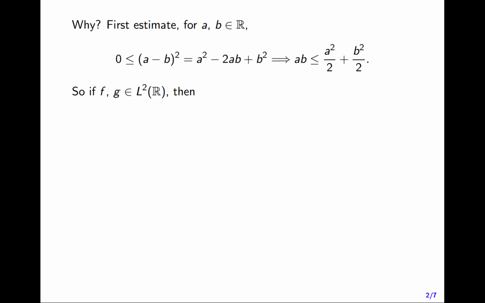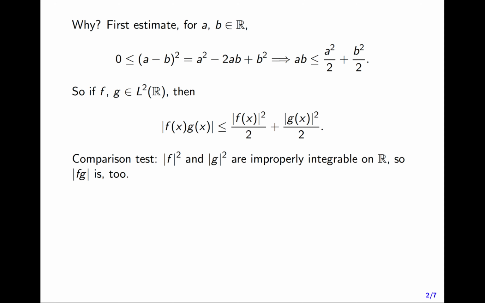So if I have functions f and g in L2 of R, what does this inequality tell me? Well, the modulus of the product, f of x times g of x, is less than or equal to modulus of f of x squared over 2 plus modulus of g of x squared over 2. All I did was take a equal to modulus of f of x and b equal to modulus of g of x.